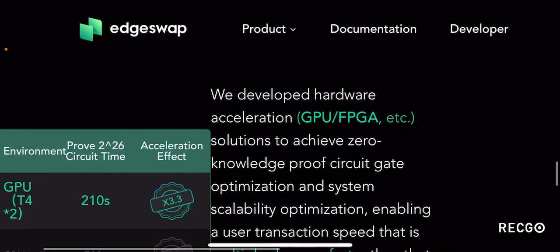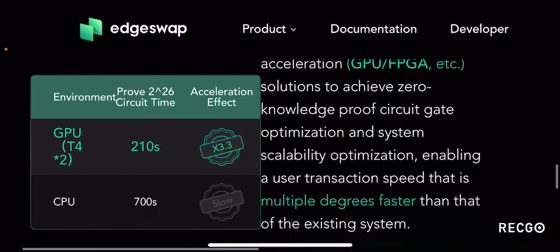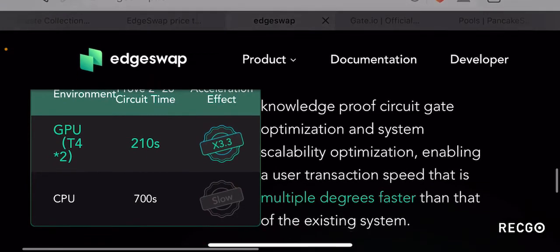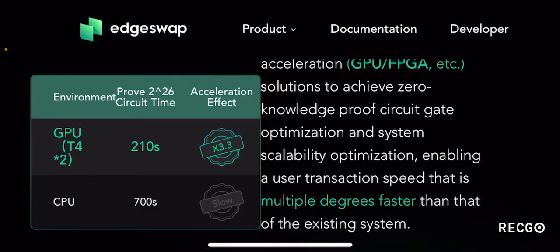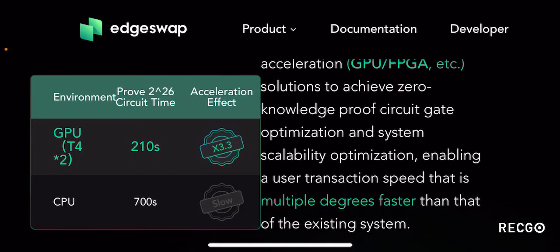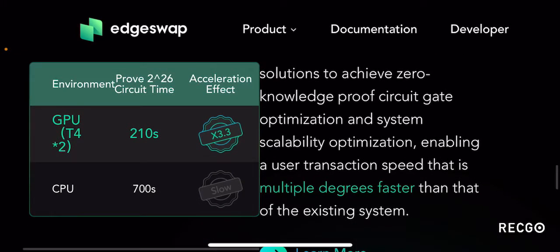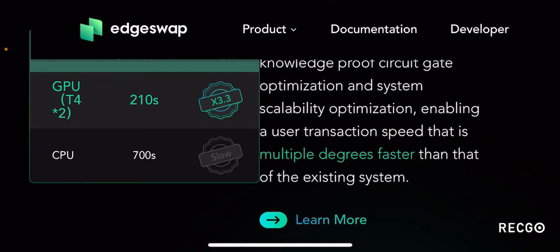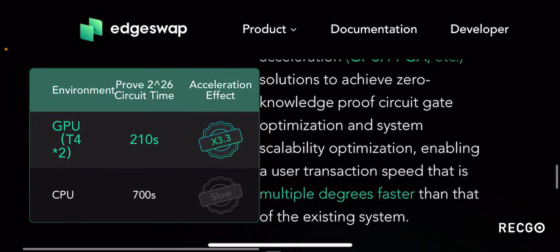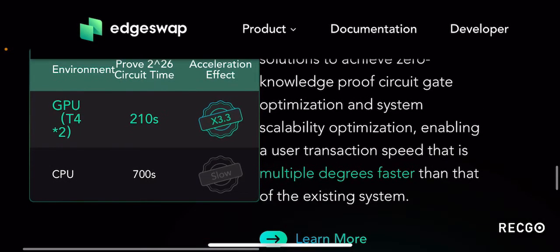And they've developed a hardware acceleration, which is GPU/FPGA, etc. So this is technical information that makes your experience and transaction speed much faster than a traditional layer 1 system, right? And they give you information here about how things are extremely fast. In fact, it has an acceleration effect of 3.3 times the regular acceleration effect, and that's pretty cool, right?